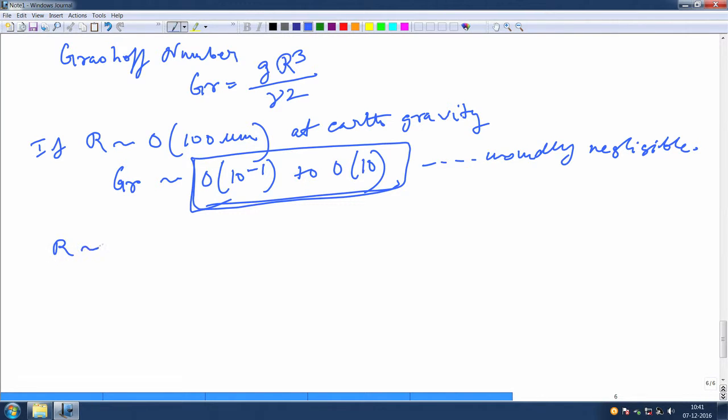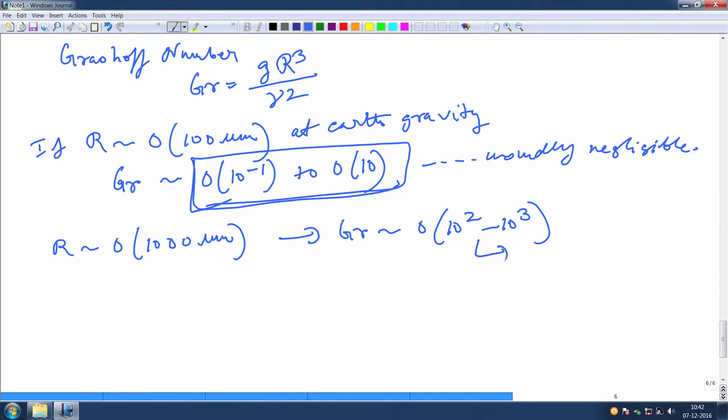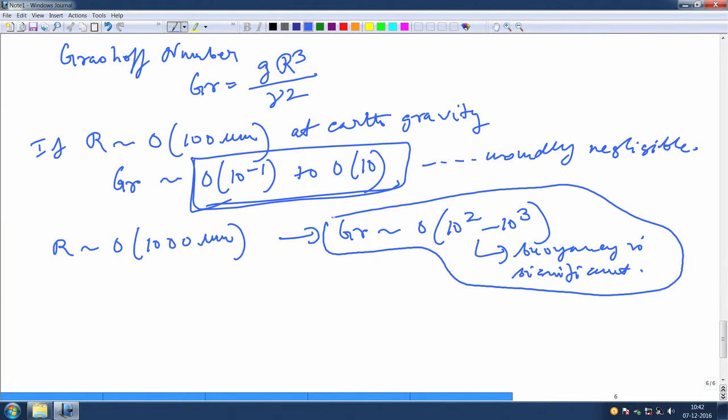However, if R is of the order of say 1000 micrometer, this leads to a Grashof number variation between order 10 to the power of 2 to 10 to the power of 3. Here buoyancy is significant, no doubt about it, understood. A Grashof number of that high a value, 100 to 1000, is actually a significant Grashof number.